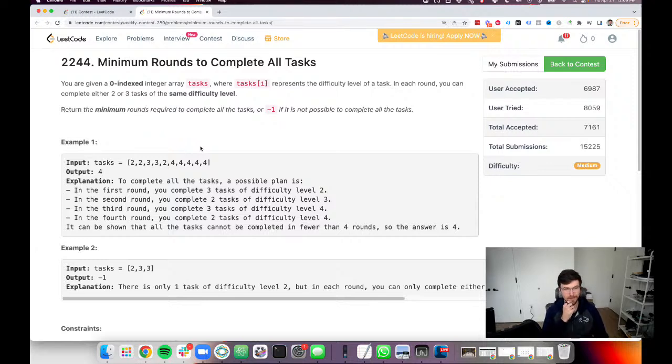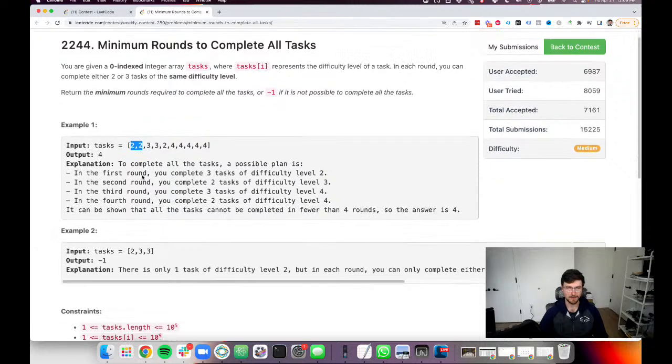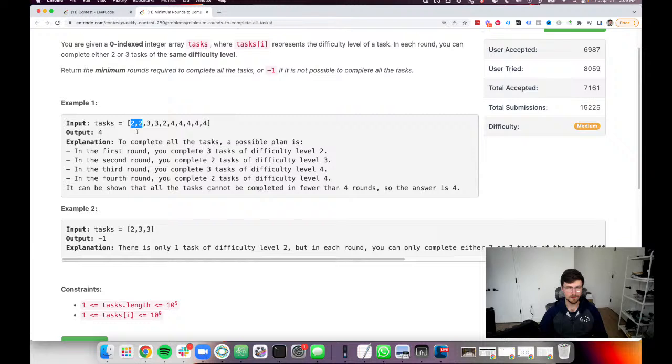Okay, so in this case, we are given something like this. I guess the first round we would complete all the difficulty 2 tasks, so we would have 3 tasks of difficulty 2. Then we would do all the tasks of difficulty 3, and then now we have 5 tasks of difficulty 4, and so that's going to be 2 rounds.